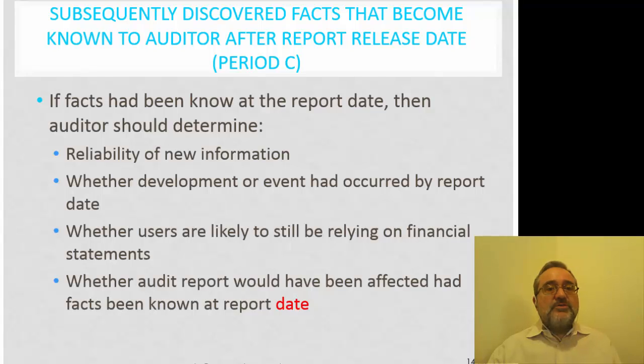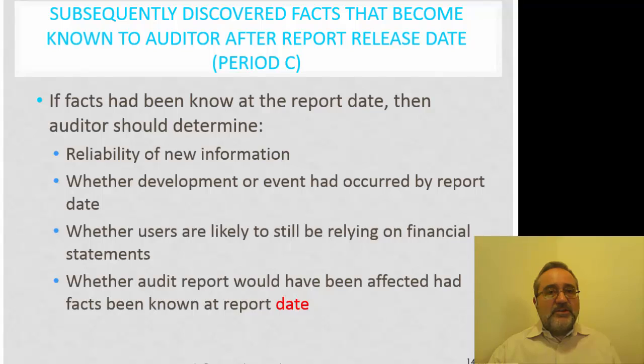The issue is, if the facts had been known at the report date, the auditor should determine the reliability of the new information, whether developments or events had occurred by the report date, whether users are likely to still be relying on the financial statements, and whether the audit report should have been affected by these facts known at the report date.